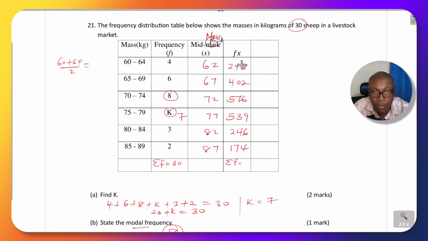So we get the sum, adding everything: 248 plus 402 plus 576 plus 539 plus 246 plus 174. That gives 2185. Now we have everything that we need to get the mean.